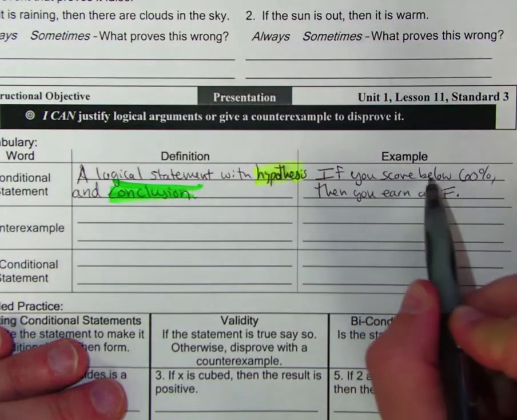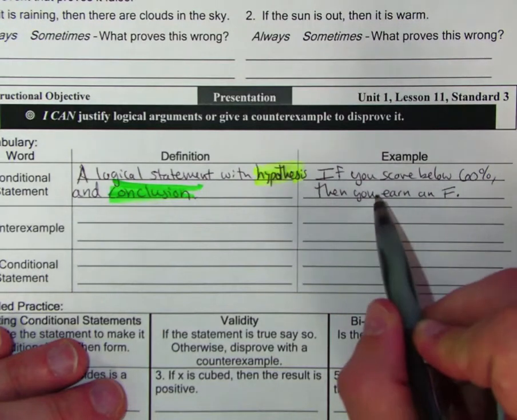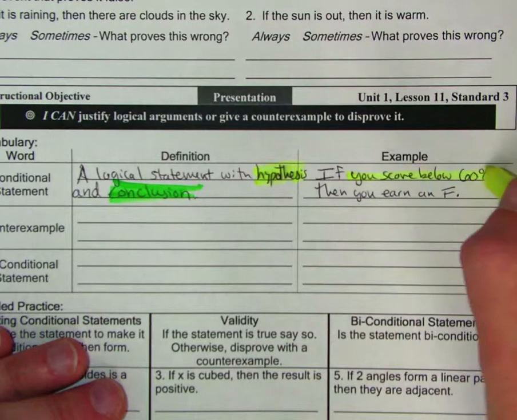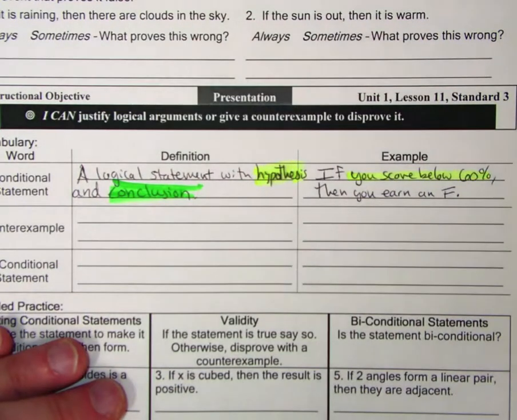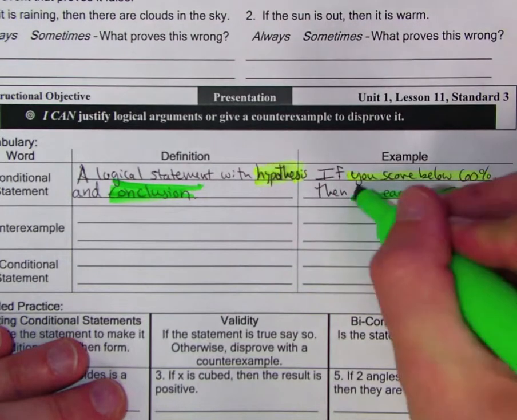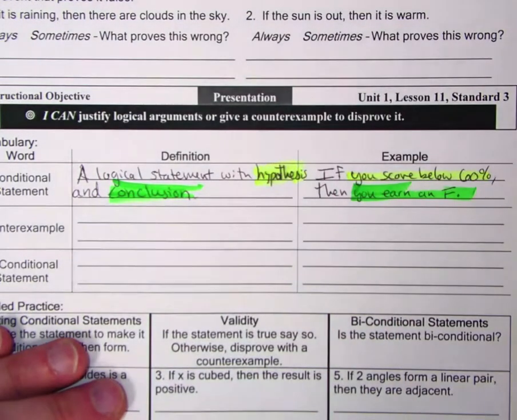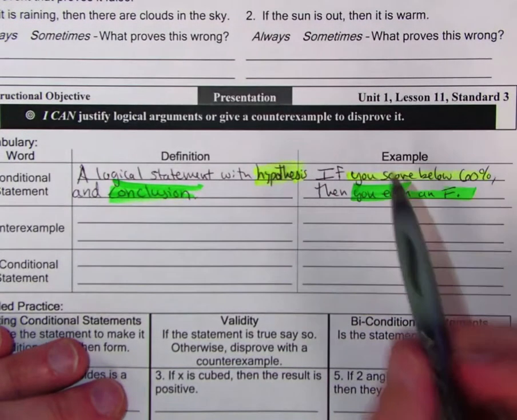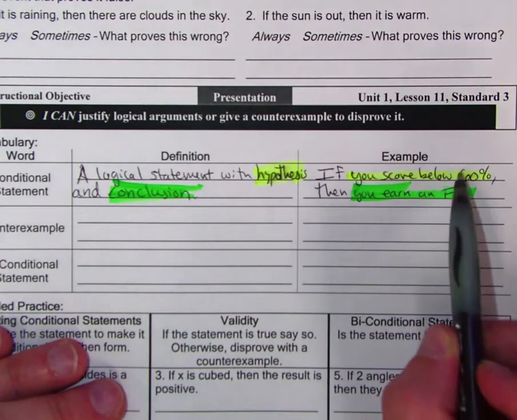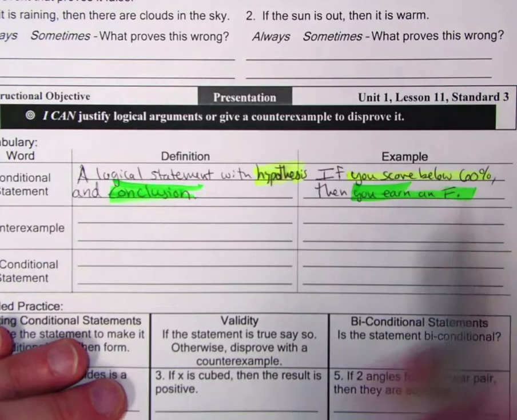If this hypothesis is met, is this conclusion here? Notice after the if, this is the hypothesis, and then the conclusion comes after the then. If this happens, is this always true? Yes. You get below a 60, you earned an F.